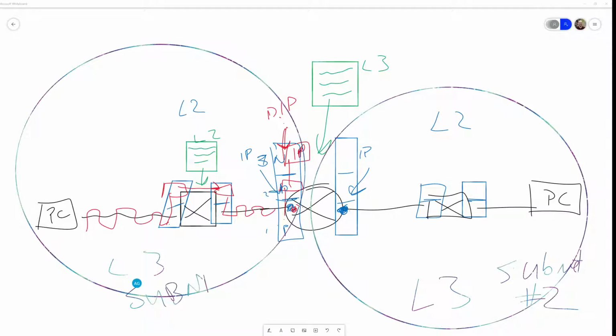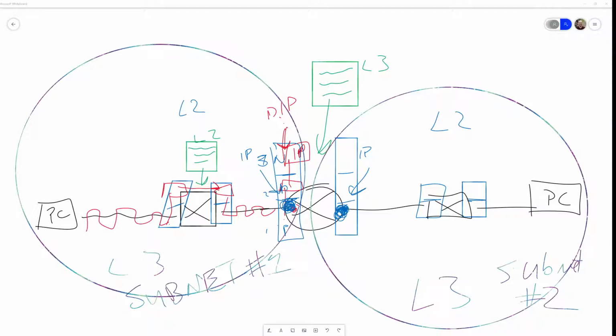Subnet number 1. Okay? Subnets cannot cross interfaces on routers. You cannot have the same subnet on this router interface here as you do here. You will get an overlapping subnet error and you cannot configure it as such.